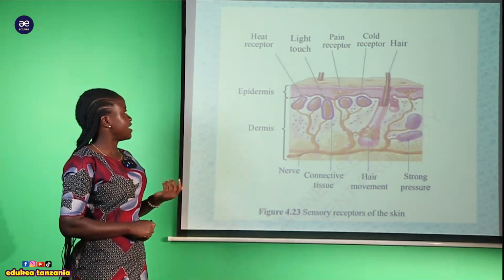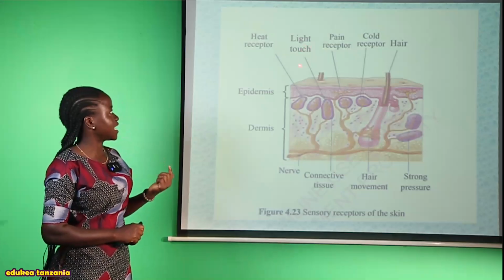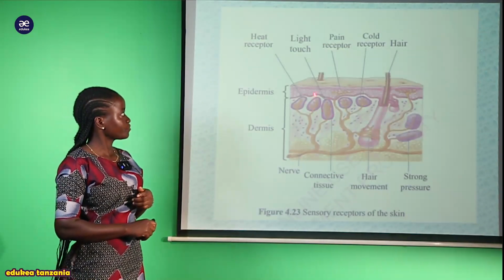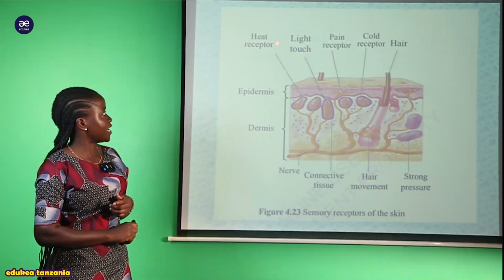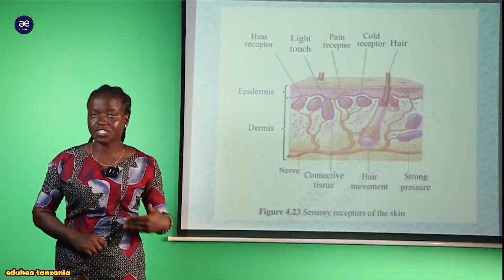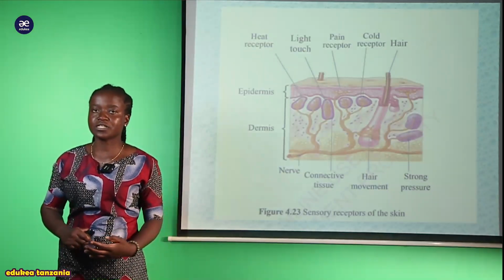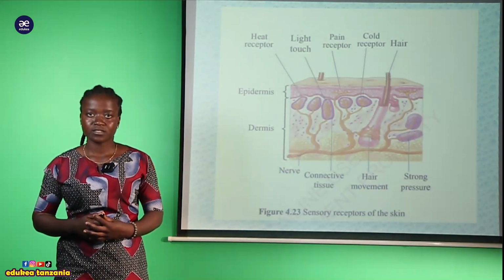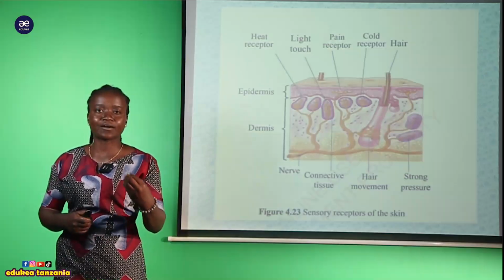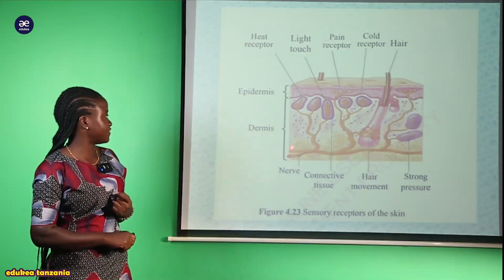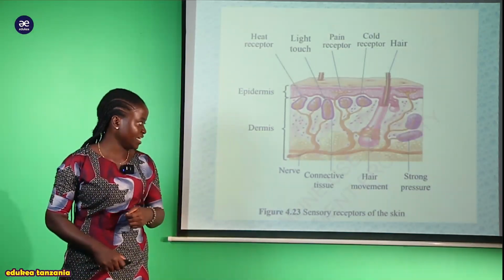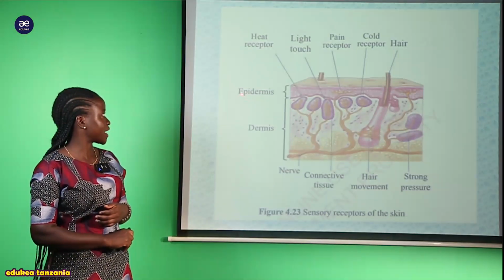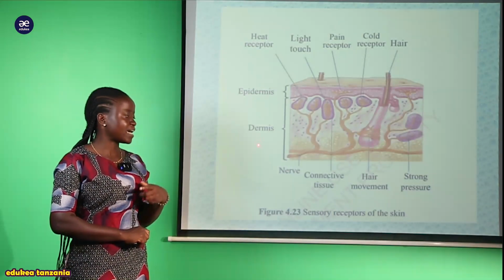And also here you can see that we have this light touch receptor, and also we have heat receptors for detecting the presence of hotness within the environment and to react accordingly. And now this one is the structure of the skin. The skin comprises the epidermis and the dermis.